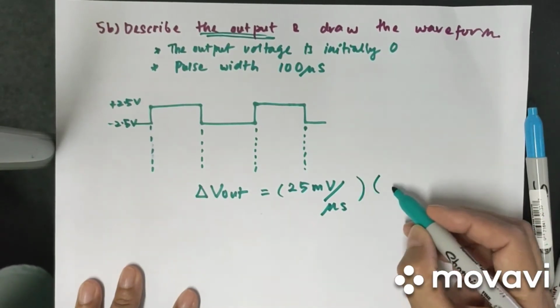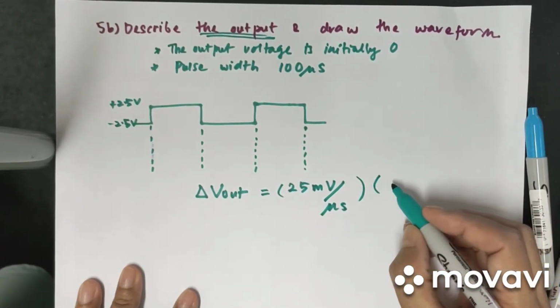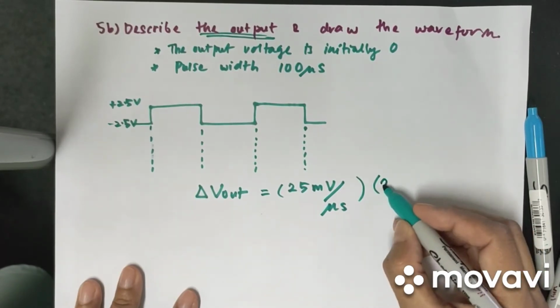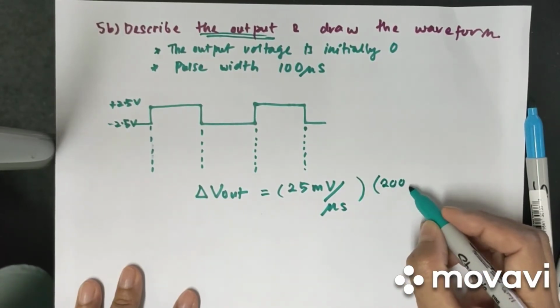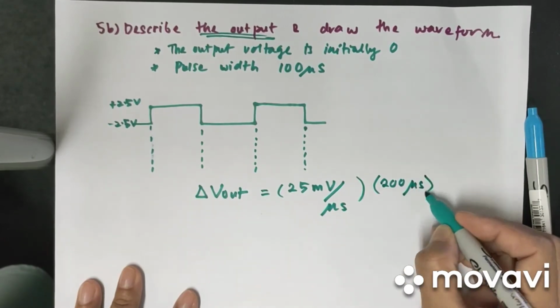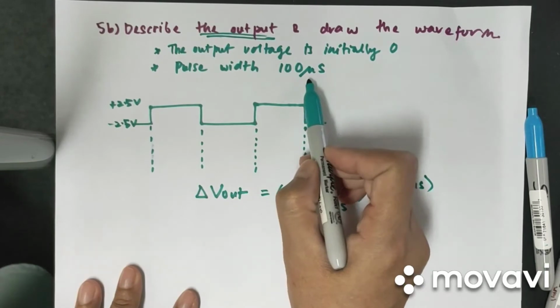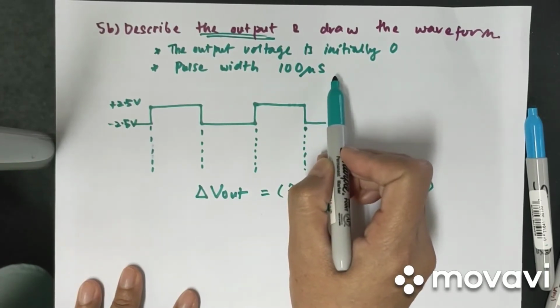Times the pulse width, which is 200 microsecond. The pulse width is given as 100 microsecond.